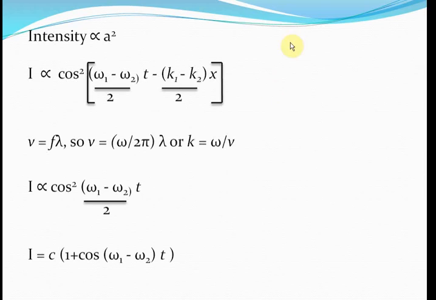Now we can use the identity 2 cos square theta equal to 1 plus cos 2 theta, and therefore we can simplify this expression to this. We can see that intensity clearly depends on the difference of the angular frequencies. When we hear a beat, what is it that we are really hearing? We are hearing an expression of the highest possible intensity of the waveform that has been created by the combination of the two waves.